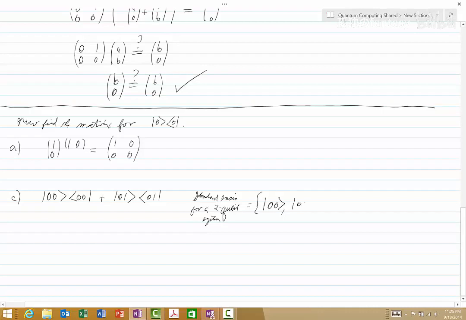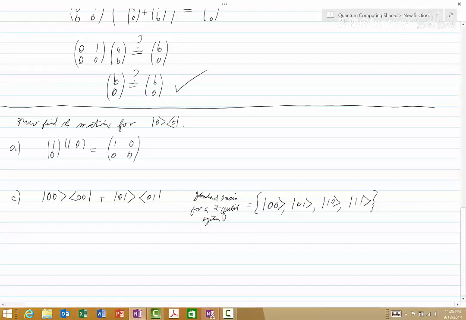The next one is |01⟩. The next one is |10⟩. And the fourth and final one will be |11⟩. And this is the correct order: 00, 01, 10, 11.